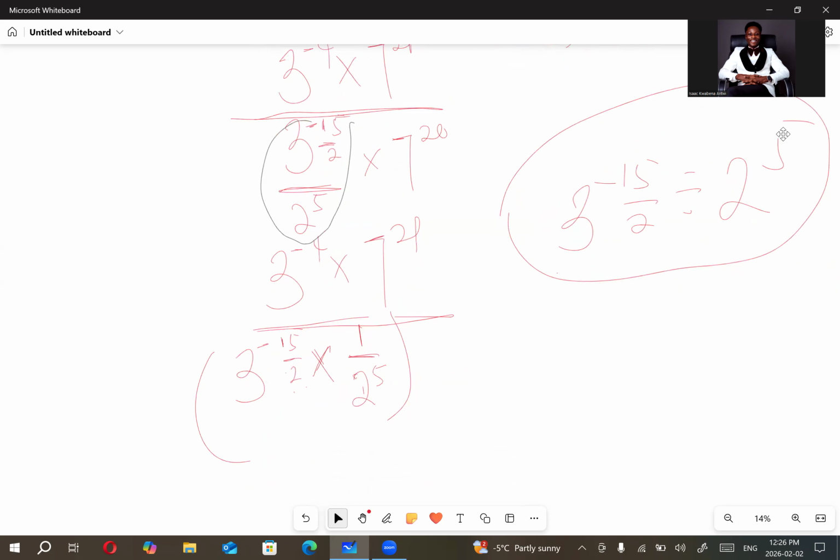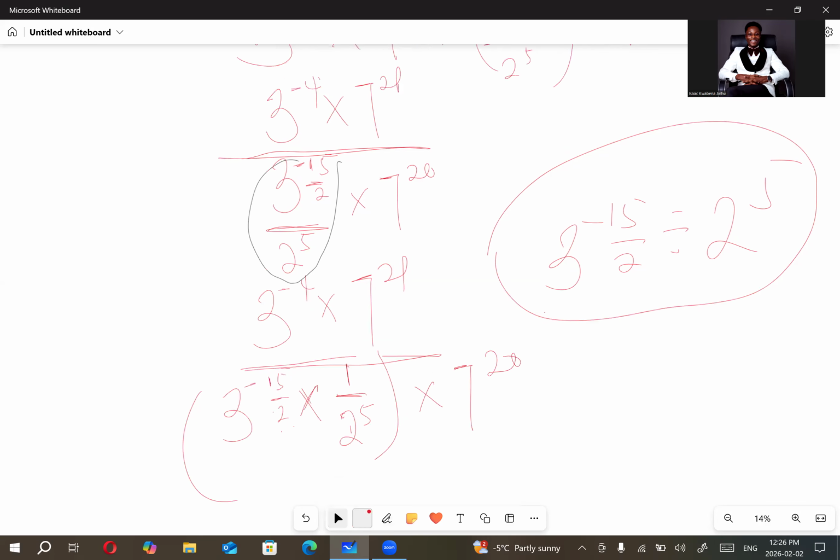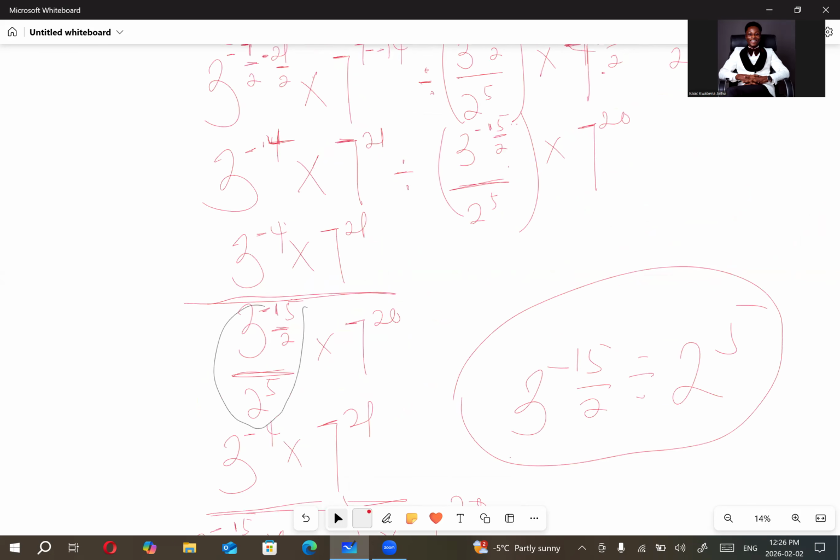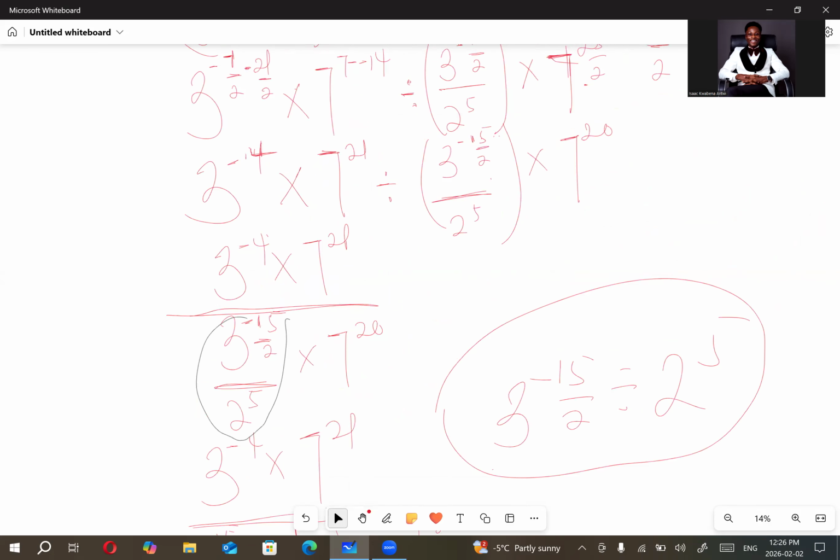Then remember it's times what? 7 exponent 20, sorry. Now let's see: 3 exponent negative 4. Let me confirm you've not omitted anything first before we continue.